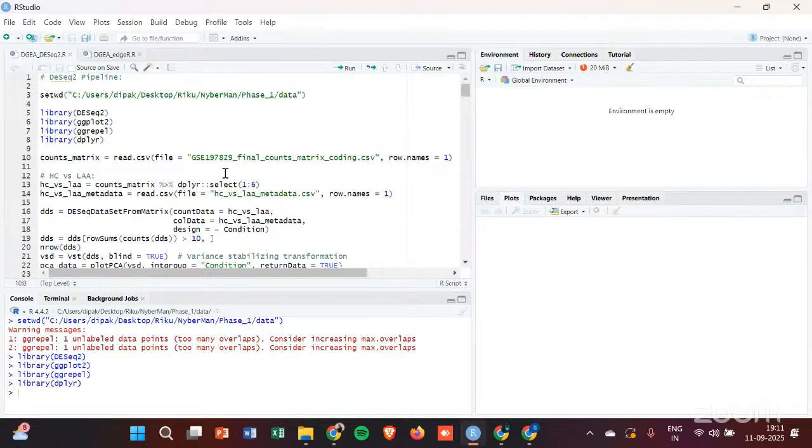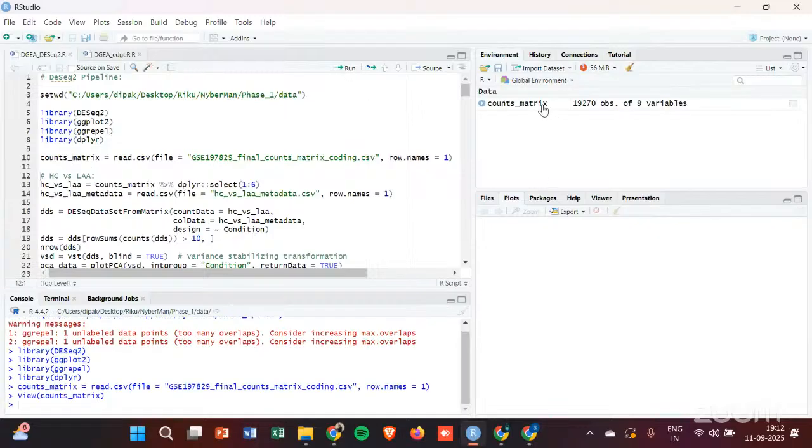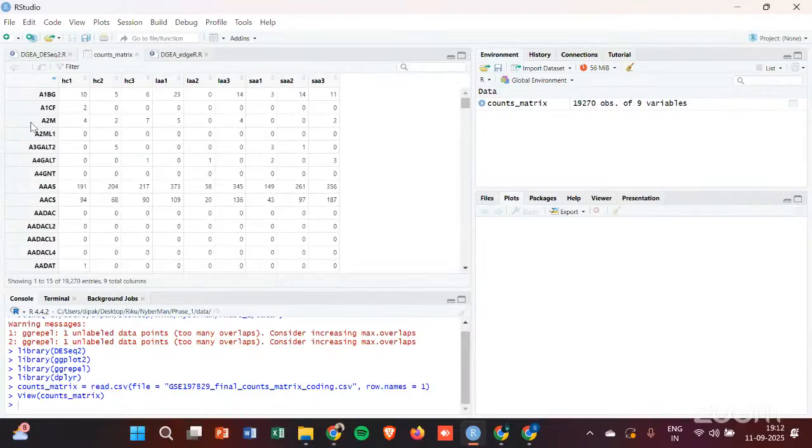Okay, now the first step is we have to load our raw final counts matrix, right? So we will be loading it onto this variable, and when we use read.csv, it will be basically converted to a data frame. Now if I run this counts command, I should now have this counts matrix loaded properly.